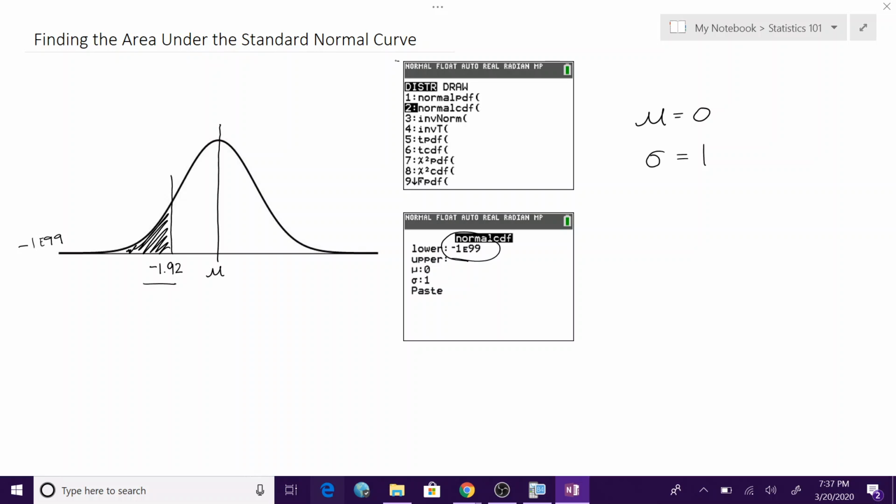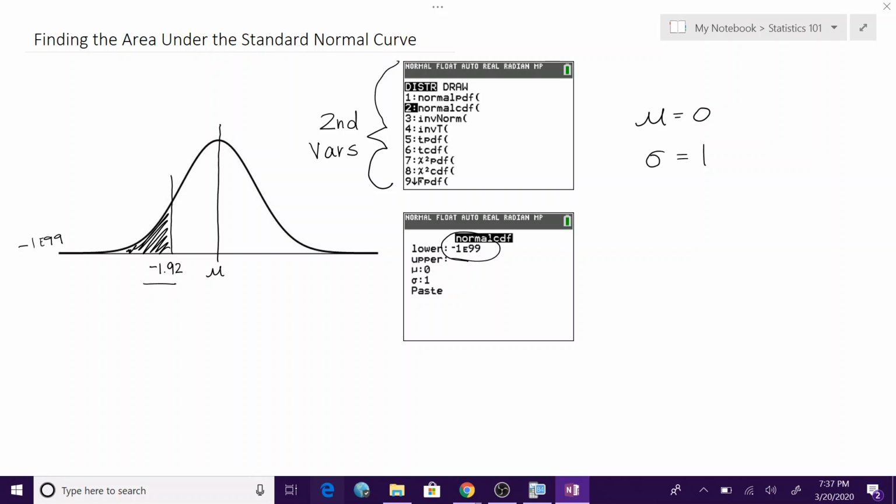Now, understanding how to get to this part of your screen on your calculator. So what we're going to be using is our normal CDF. And we use CDF in this particular chapter because we are dealing with a range of numbers and we're not dealing with just one specific number. So to get to this menu on your calculator, you would choose second and then vars. And then you can toggle up and down with your arrows to get to your normal CDF.